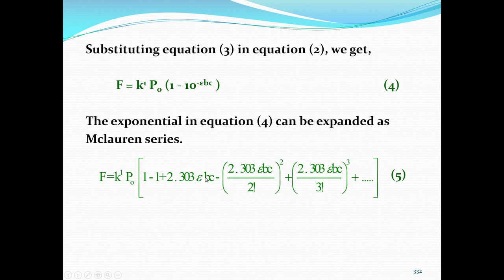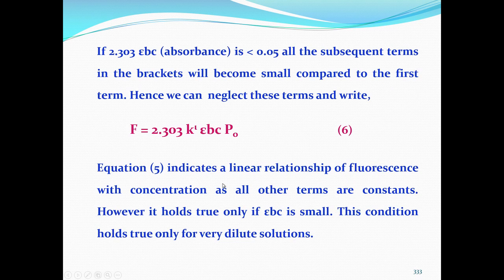What remains is 2.303 epsilon Bc, all square terms will go. This indicates, here again, if fluorescence is a function of P naught, this is a constant, 2.303 is a constant, K dash is constant, molar extinction coefficient is constant, and B is path length is constant, we can keep it. P naught is the initial radiation, that is constant. So, F is proportional to C, that is what we can write.